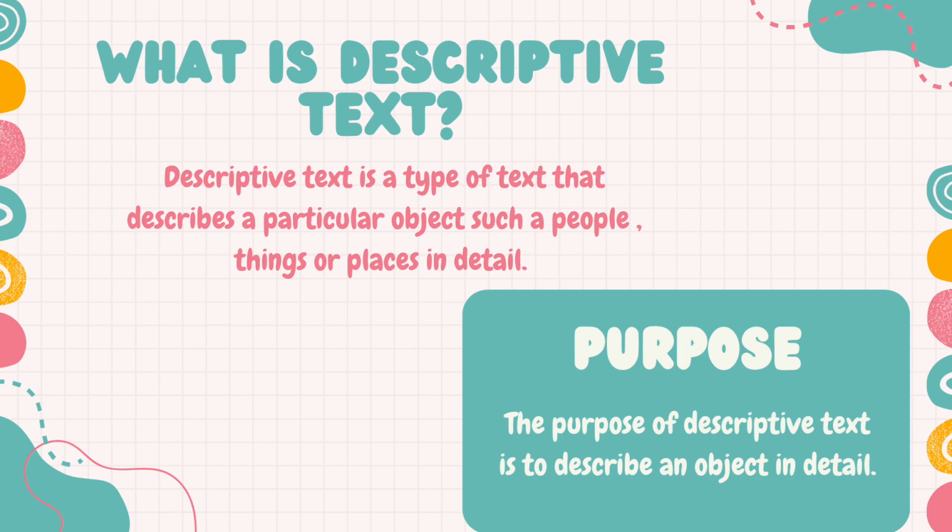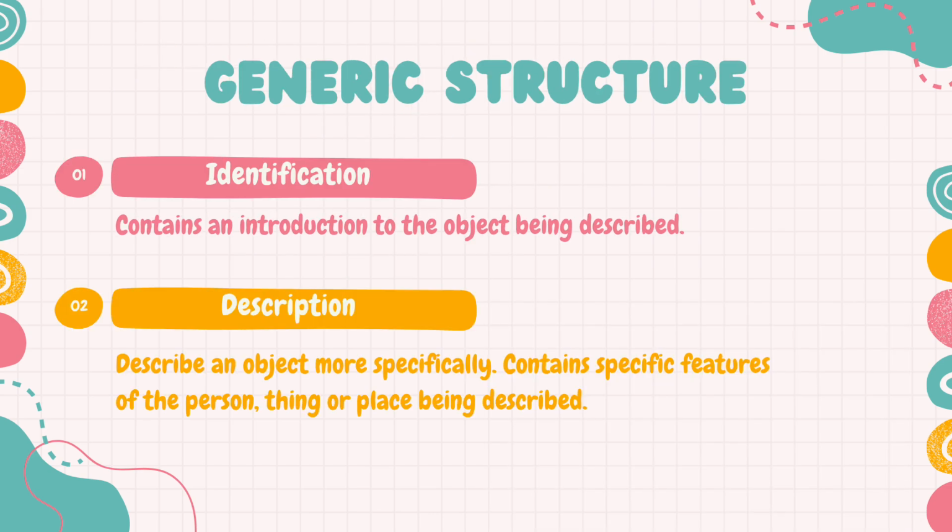Next is the purpose of it. So, what is the purpose of descriptive text? The purpose is to describe an object in more detail or in more specific terms. The next one is the generic structure of descriptive text. As you know, the generic structure of descriptive text has two parts.